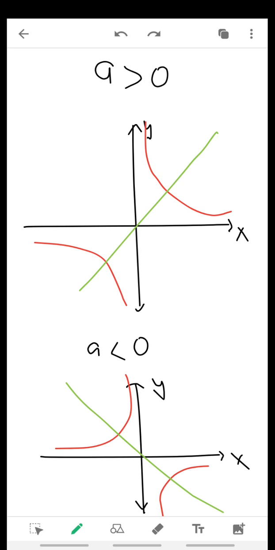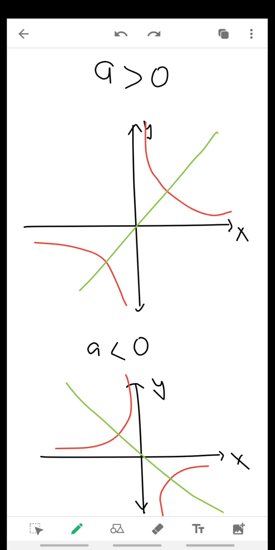Which is your negative root a plus p, negative root a plus q. And then in this case where a is negative, we are saying the axis of symmetry will intersect with the hyperbola at this point there and this point there. Okay, and then you can check the point where you will be substituting.